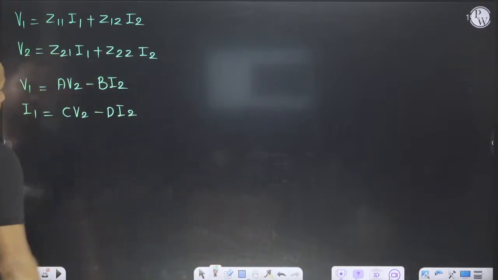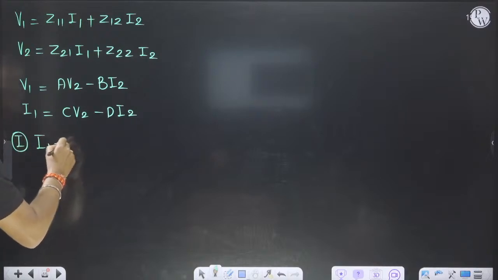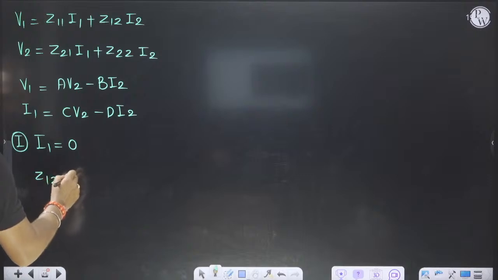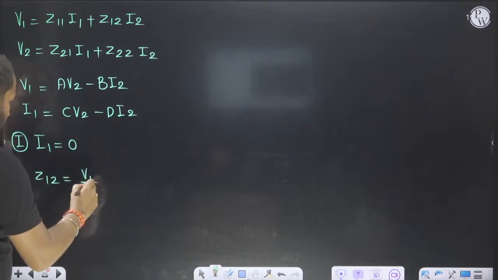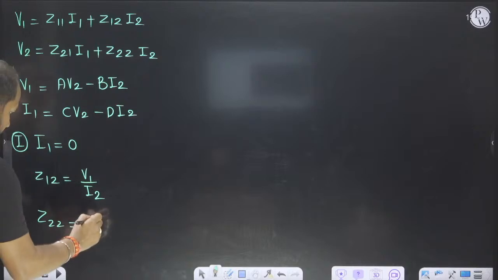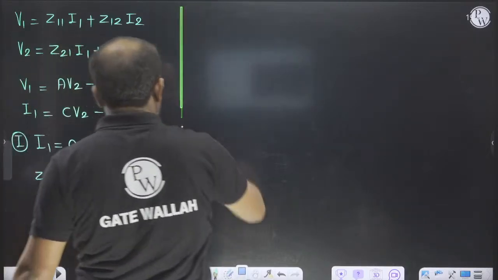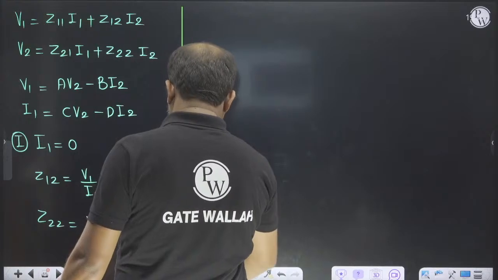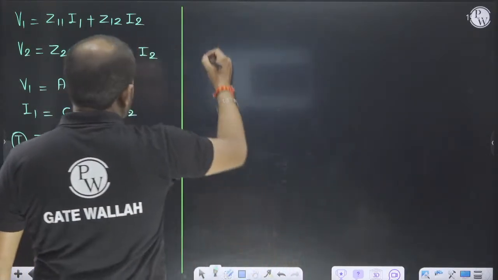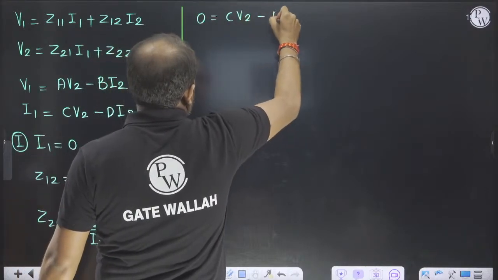Case 1, I1 is equal to 0. I1 is equal to 0, Z12 is V1 upon I2 and Z22 is V2 upon I2. If we make I1 equal to 0, then 0 equals CV2 minus DI2.